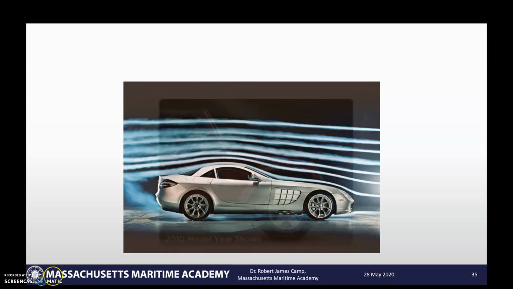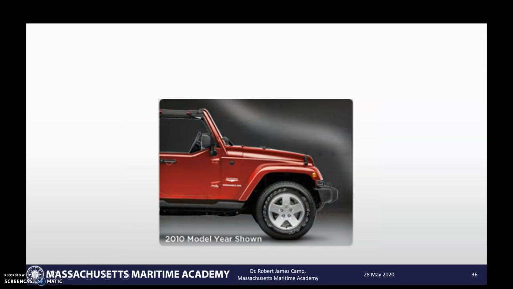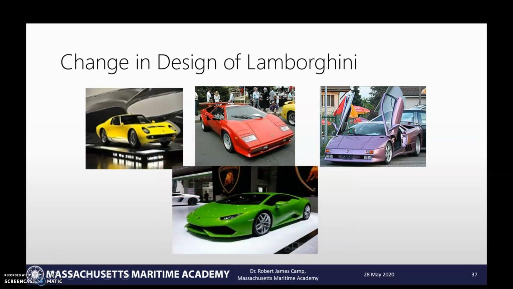Now, obviously, some vehicles, they just don't care. This is the only smoke line that I can find of a Jeep, which is what I drive, and we don't care about things like coefficient of drag. But it's kind of interesting because you can look at the history of cars. These are the design changes of a Lamborghini.